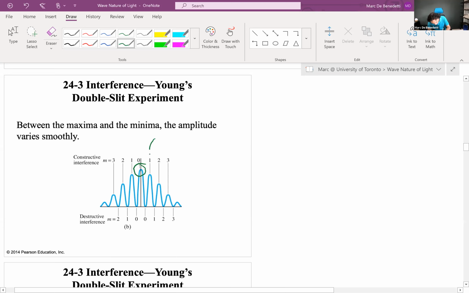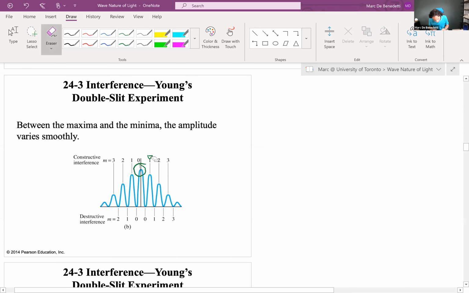So the first bright spot that we see that is not the central bright spot, we call that the first fringe. Fringe, in English, means kind of like edge case, kind of out over here on the side. So it's the first bright spot that happens kind of over here on the side. The first bright spot is the center, but it's the first fringe.